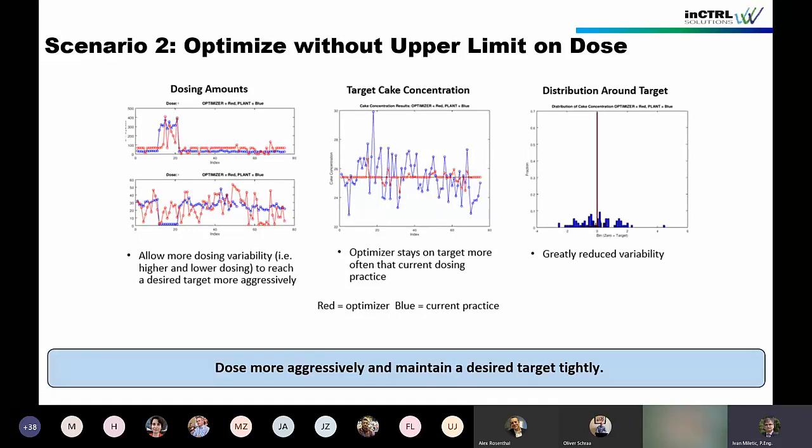Okay, so what this suggests is that a controller can be built with this scheme in mind that is certainly tunable, and it can be set up according to the needs of the process operator.